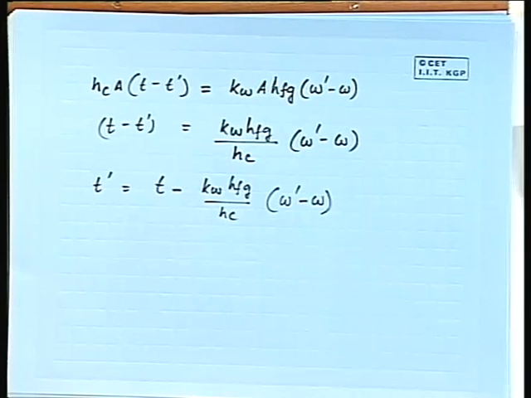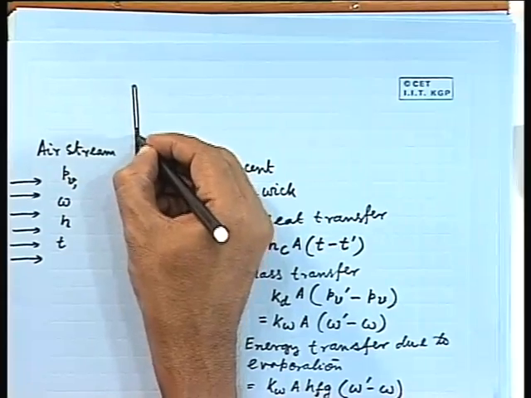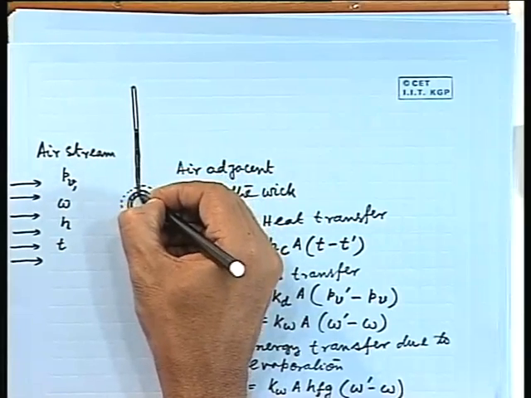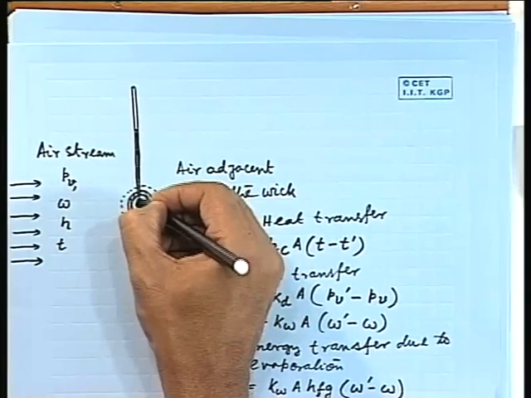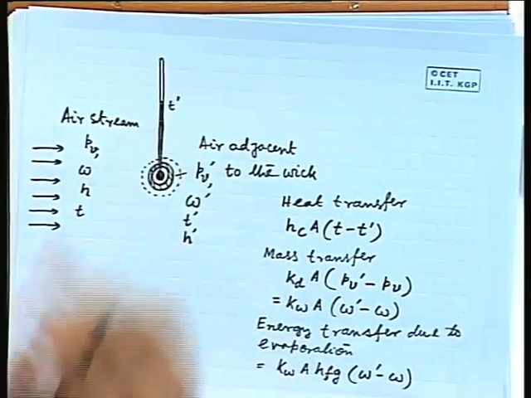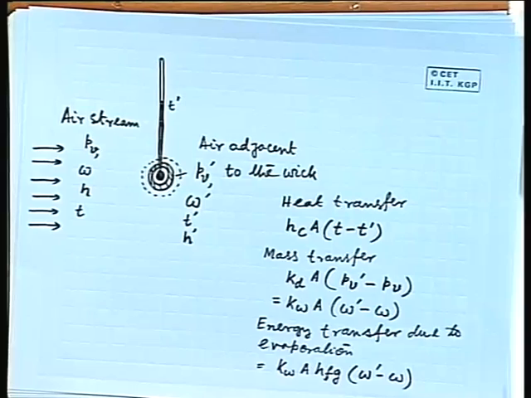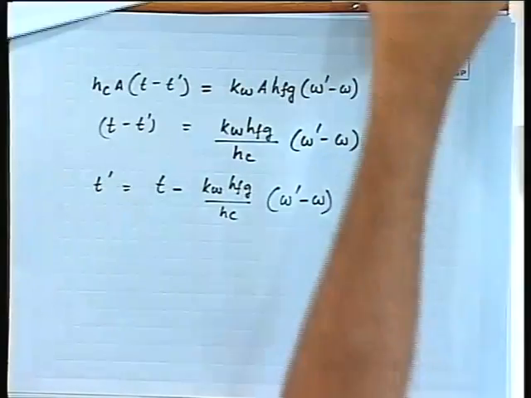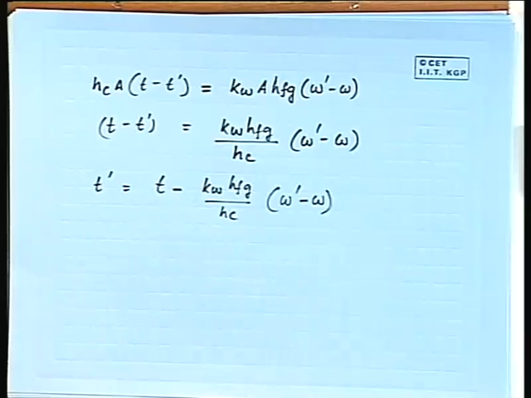All right. So, what one can see is that T dashed is the temperature indicated by the wet bulb thermometer. So, that T dashed is less than the dry bulb temperature T. When will both of them be equal?